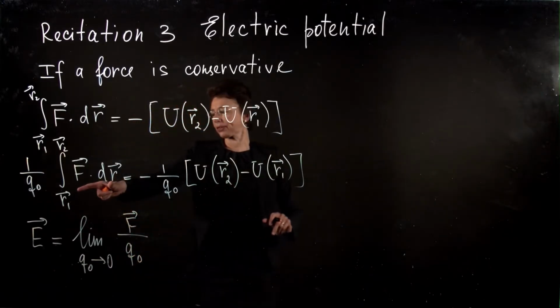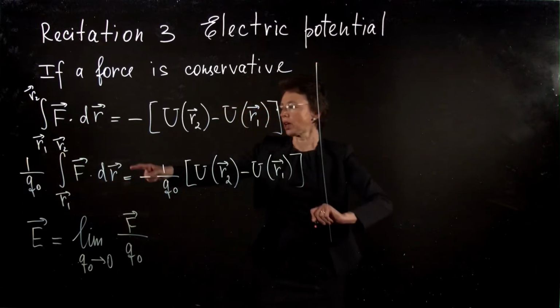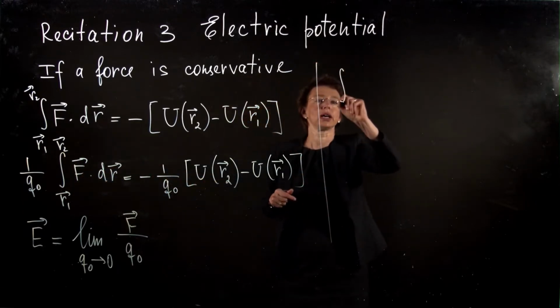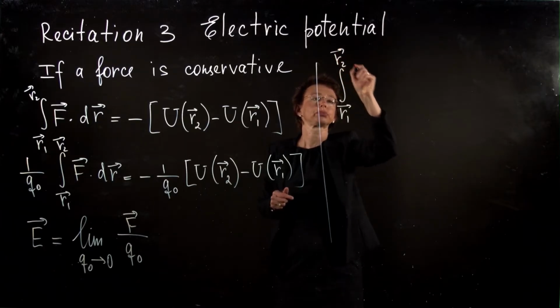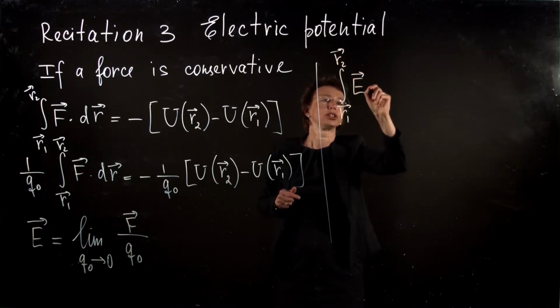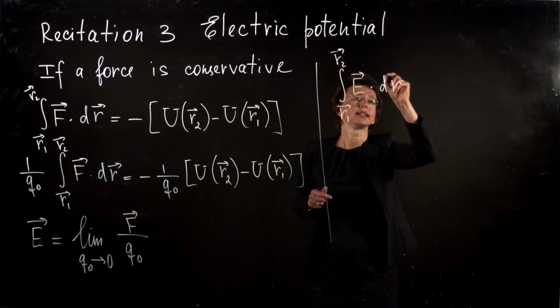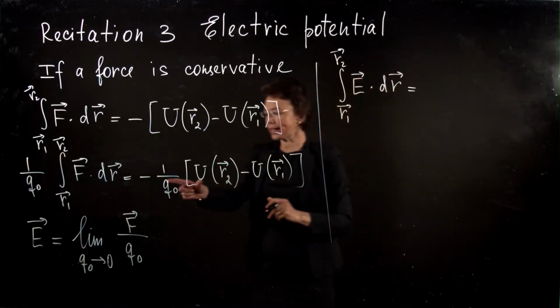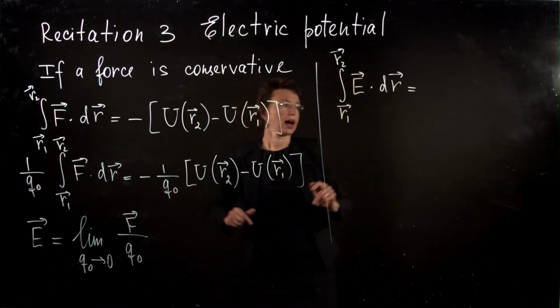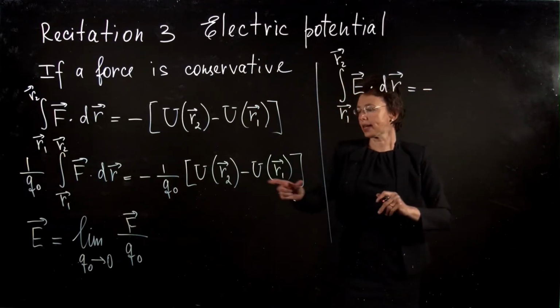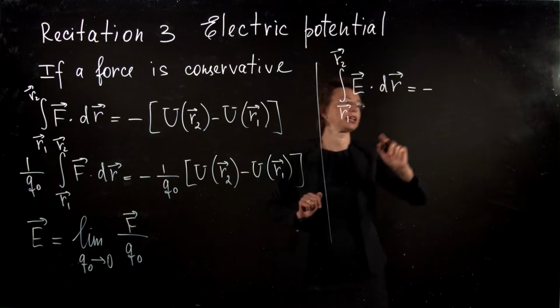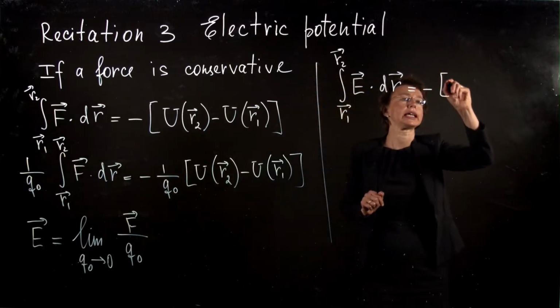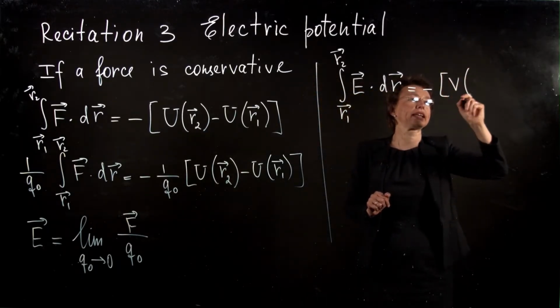So on the left-hand side, F divided by Q naught, I have the integral from R1 to R2 of E dot dr. And on the right-hand side, I have minus the difference in potential energy divided by Q naught, which by definition is the difference in electric potential.